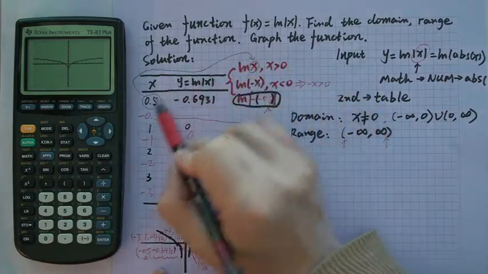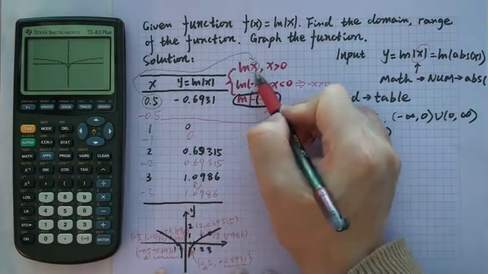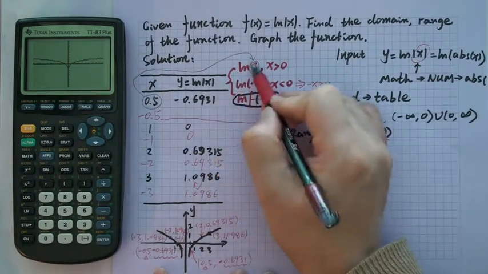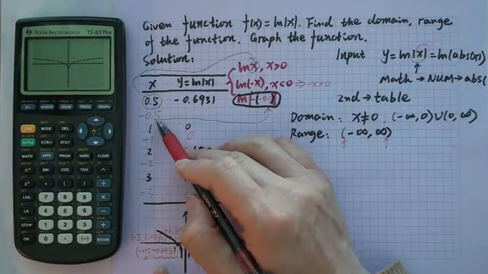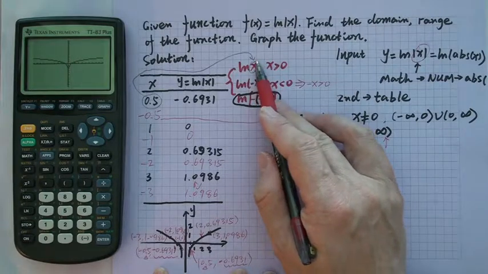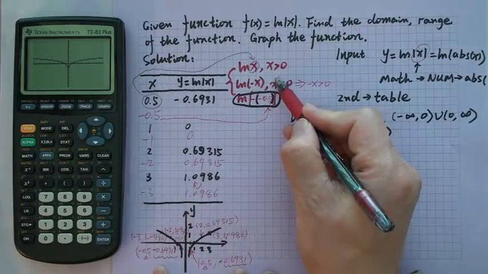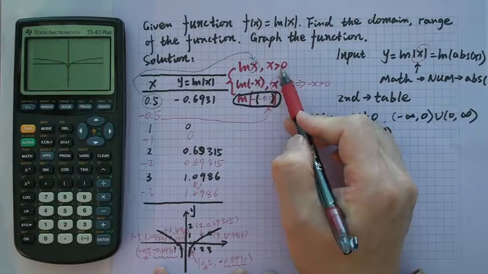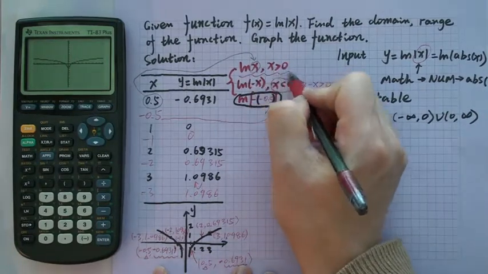Here there is a remark. For the positive 0.5, algebraically you can put it right here without the absolute value because it's already positive. If you put negative 0.5 right here, you got a problem because it cannot be negative. For a positive number, x greater than 0, you can directly do it like that.